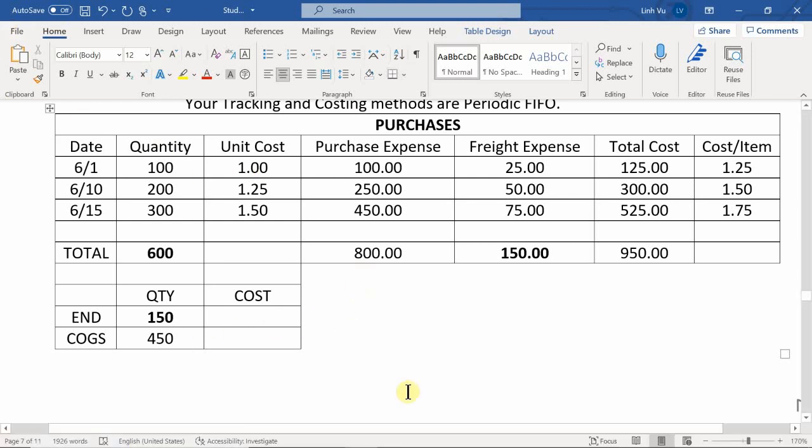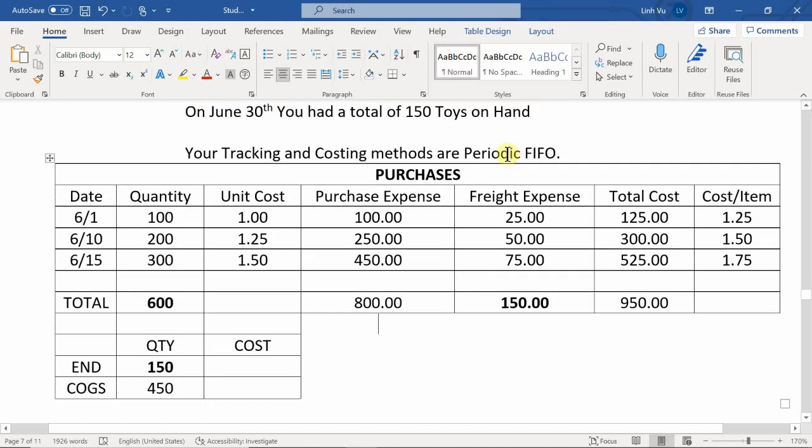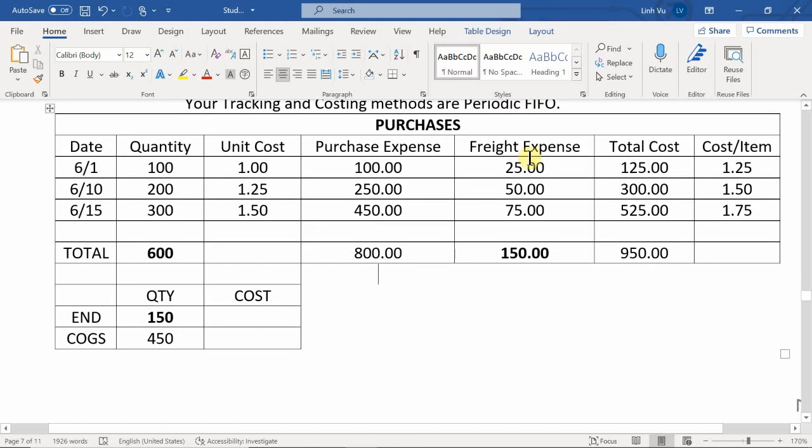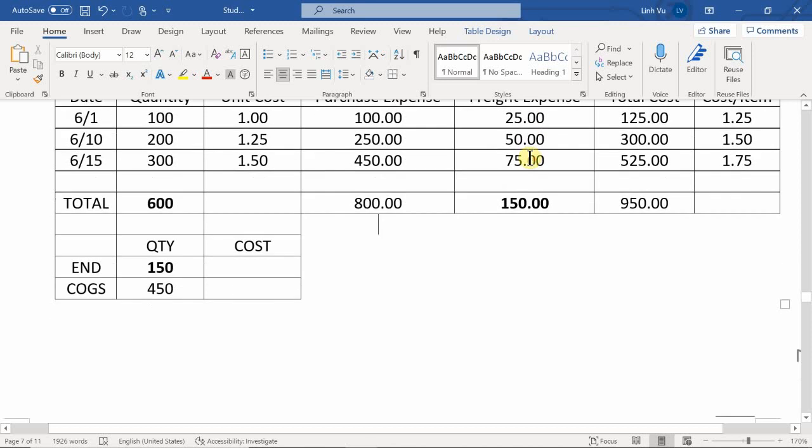Since we're using FIFO, which batch of inventory are we going to take out from first? 100 at $1.25 each, which should give you a total of 125.